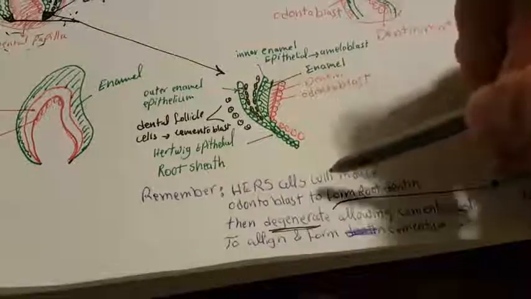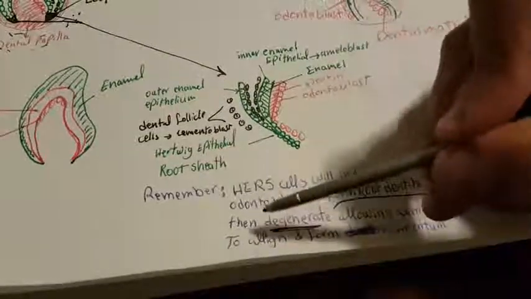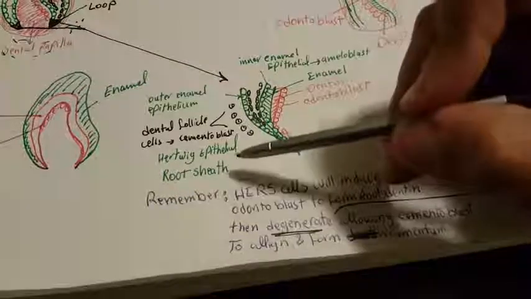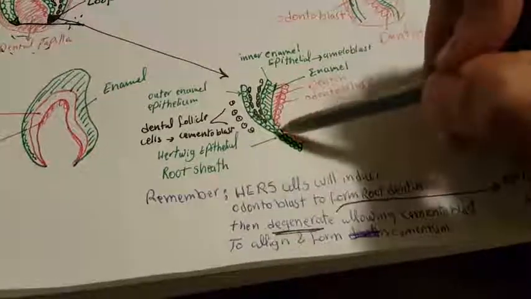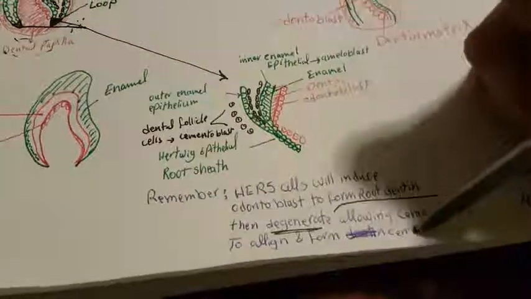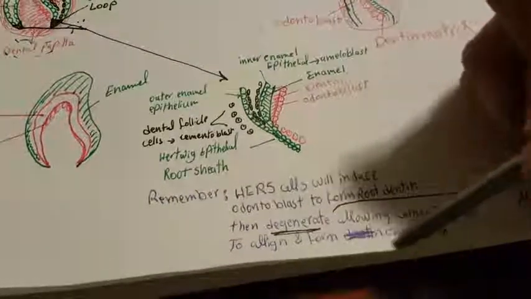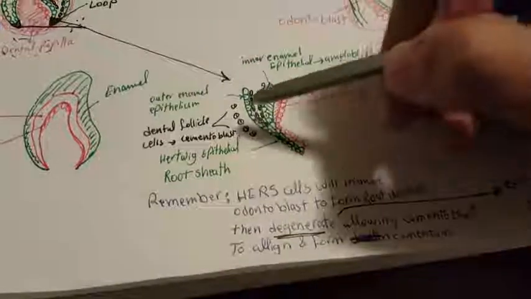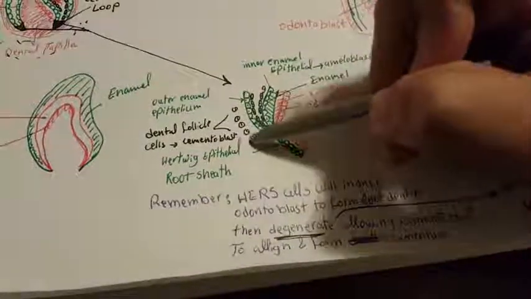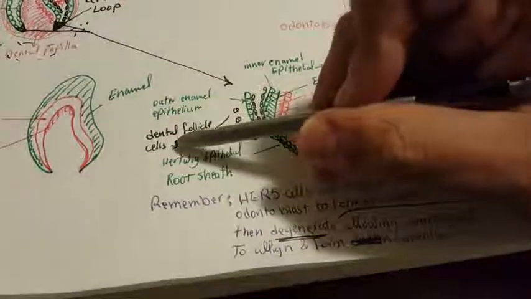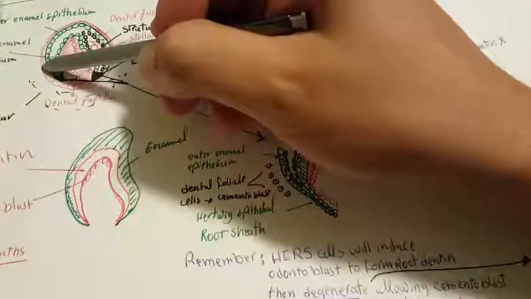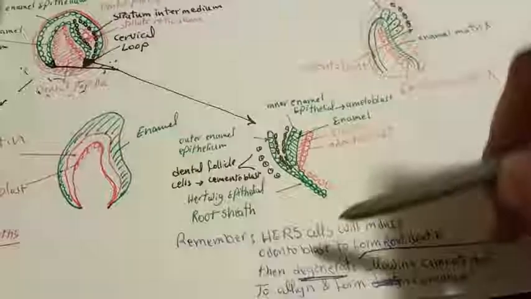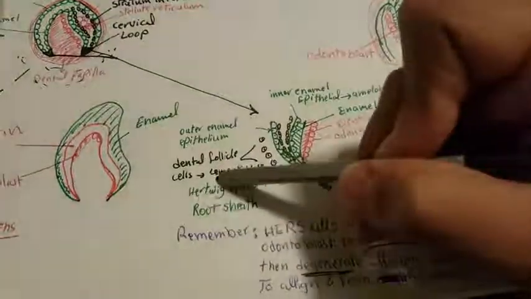After the dentine is formed, these cells, the Hertwig epithelial root sheath, will degenerate to give some space to the cementoblast to start depositing cementum. The cementoblast comes from the dental follicle cells. Here there are going to be some cells formed that will transform into the cementoblast.